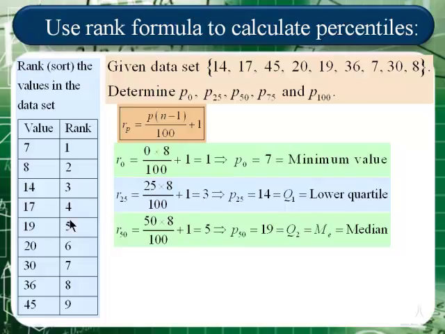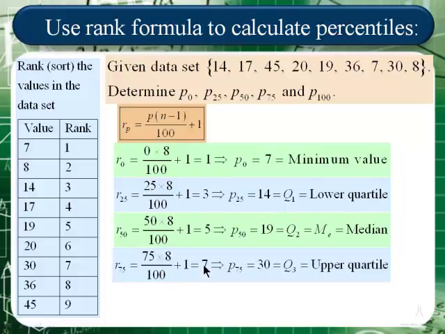Now this implies that if we focus on the value of 19, then it's pretty clear that 4 values out of the remaining 8, in other words half, or 50% of them lies below, while 50% lies above this particular value.